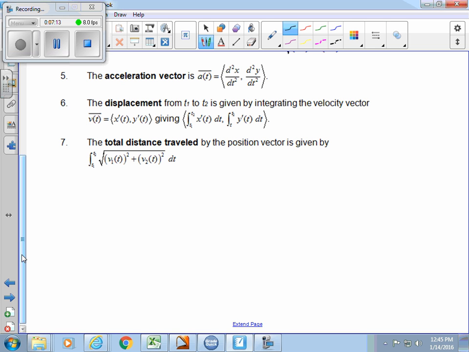Makes sense. So do you see how some of these equations are exactly the ones you've already memorized? Some of them are slightly different, but this is all the formulas you need to know for vector-defined functions in calculus.